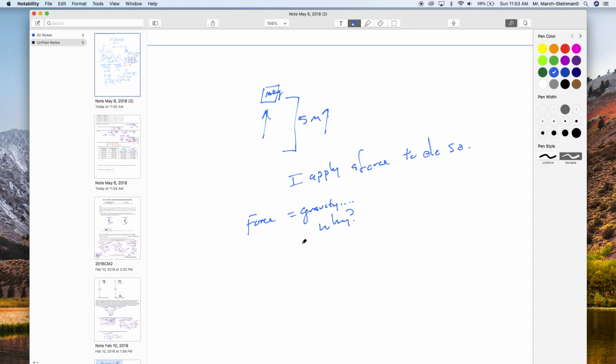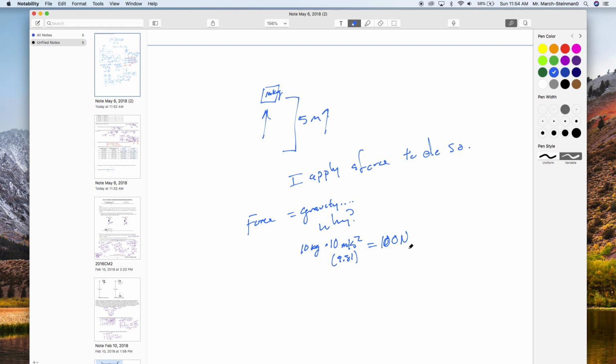So if the force I apply is equal to gravity, then gravitational force is 10 kilograms times 10 meters per second squared, or 9.81 if you choose to use that number. So we get about 100 newtons of force that it takes me to lift this box.